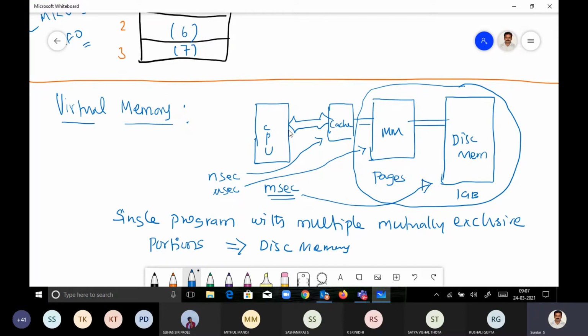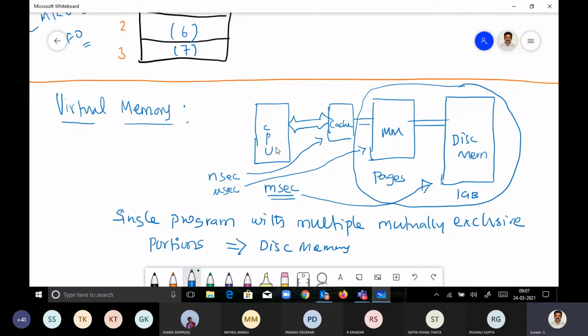I repeat again, from the user's point of view, we are thinking of this capacity and we are writing a program. Suppose it is a single program with mutually exclusive portions. Then portion by portion, it will be shifted here, and whenever the CPU is looking for something, it will be checked whether it is available in that portion.